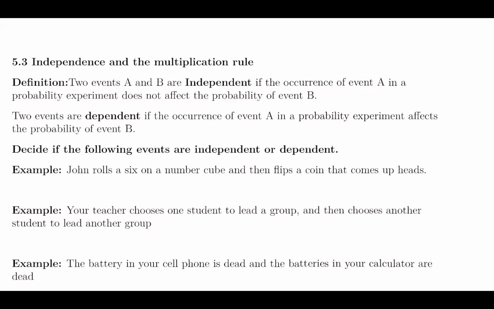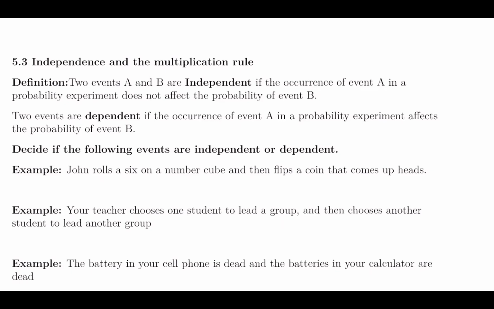Those 2 events will be considered dependent, because one event does influence the other. The event that it's rainy should pretty much influence whether you're going to bring an umbrella. If it's not rainy, you're more likely not to bring one.